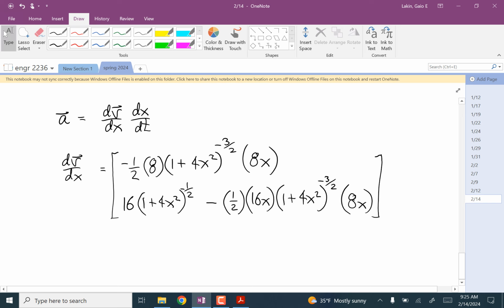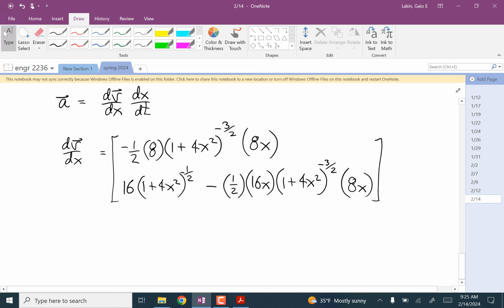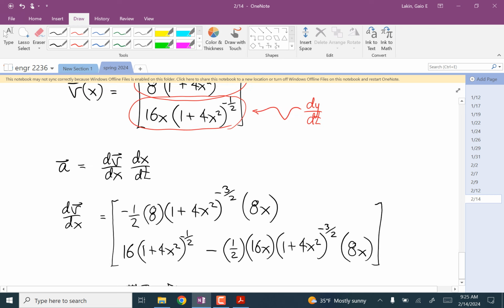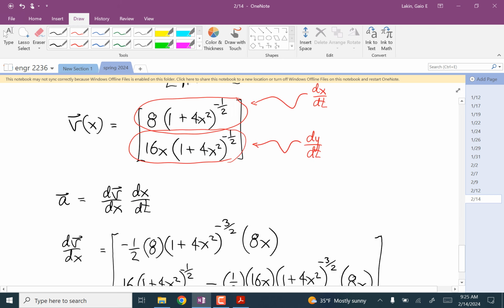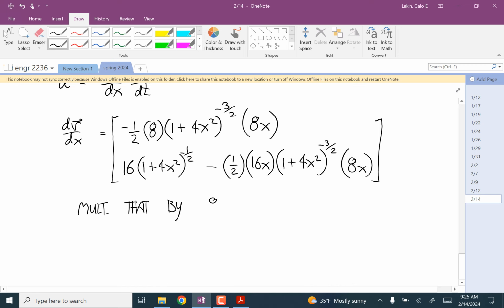And then multiply that by dx/dt, which is 8 times (1 plus 4x squared) to the -1/2.